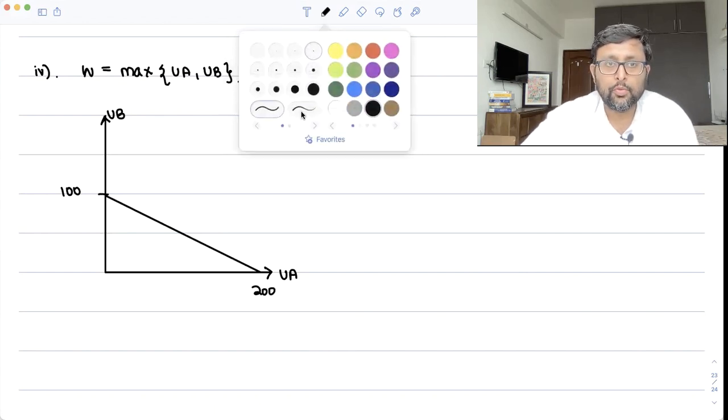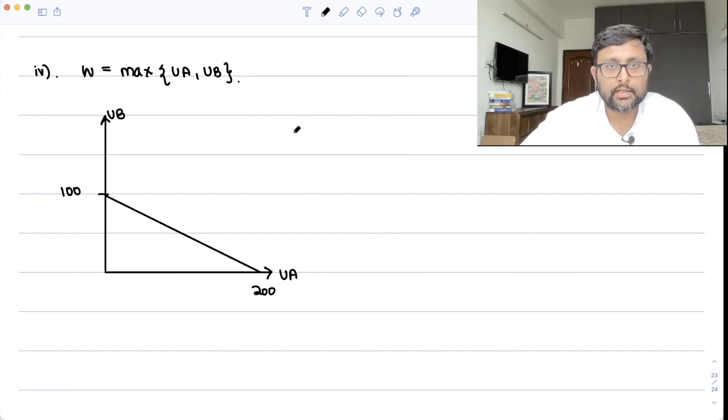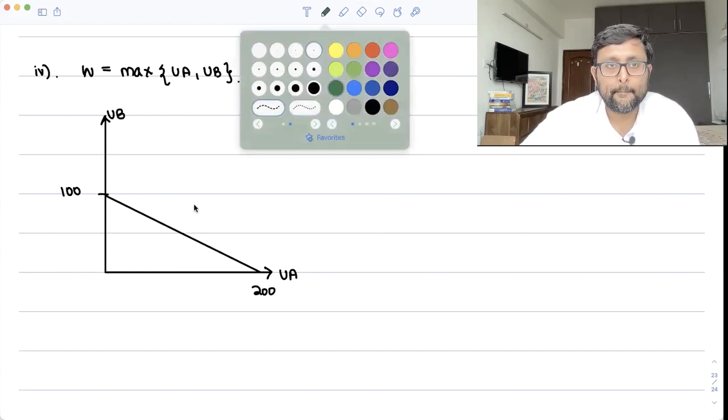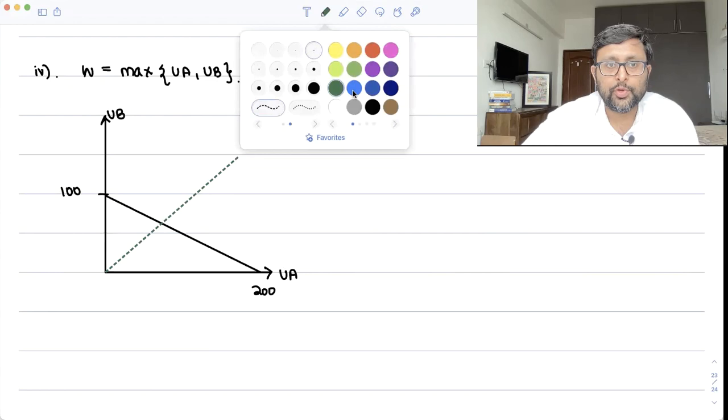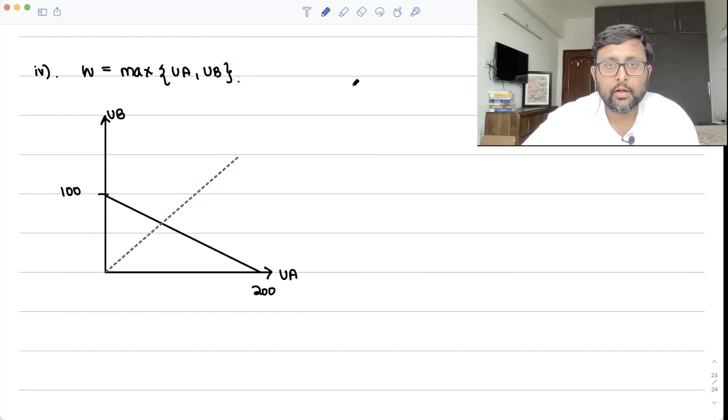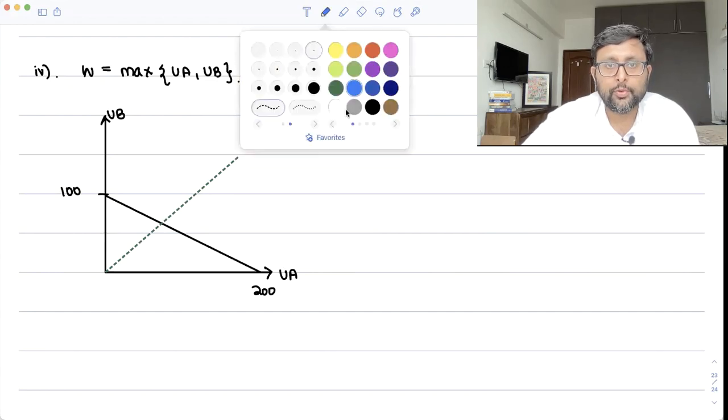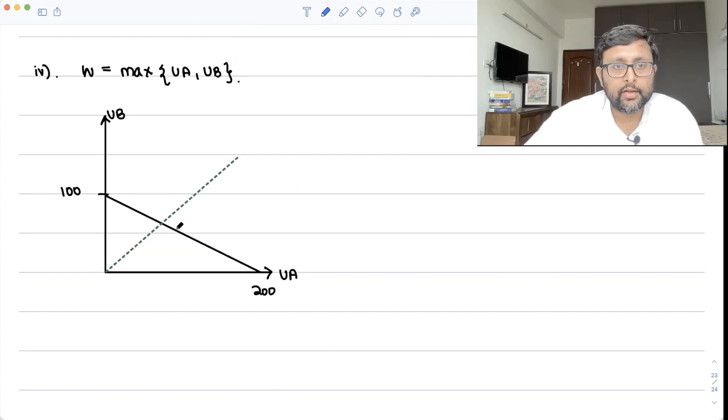So again, I've told you, whenever you have a kink function, you will draw the kink line first. Here in this case, the kink line is going to be UA is equal to UB, right? So what is it that you will be doing? Look at it carefully.